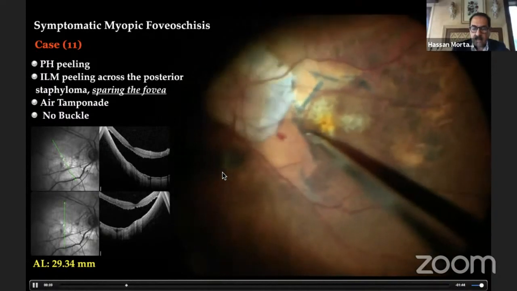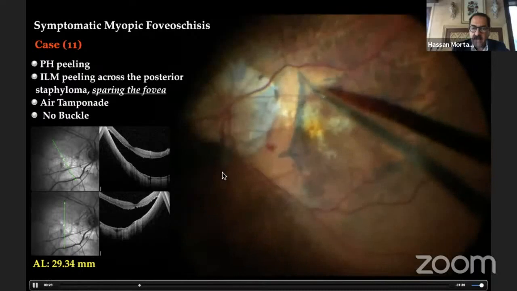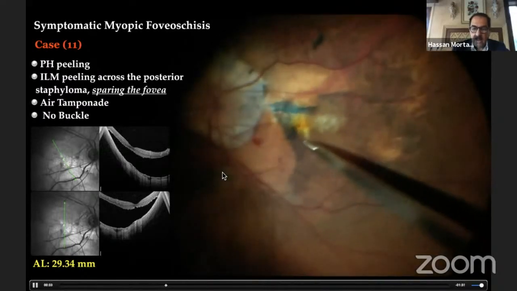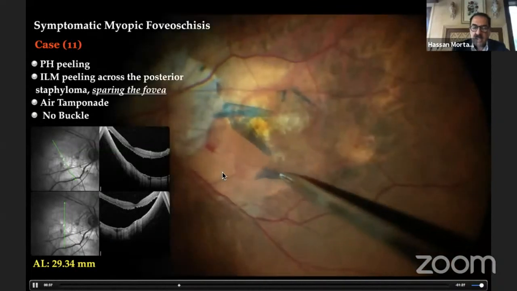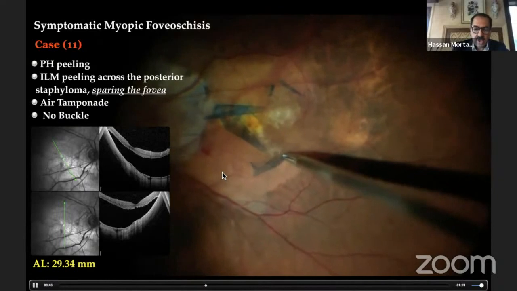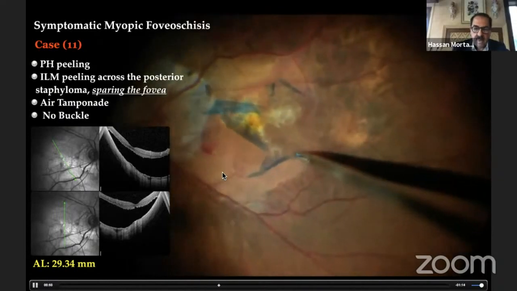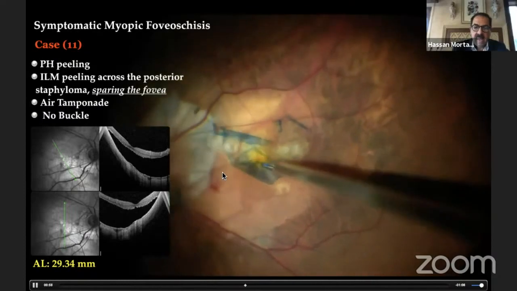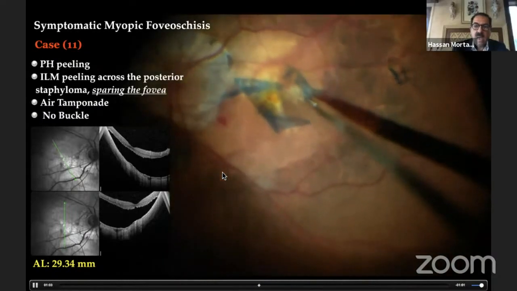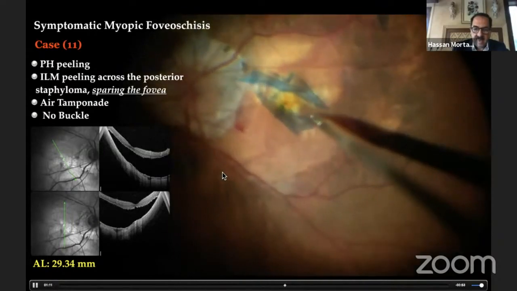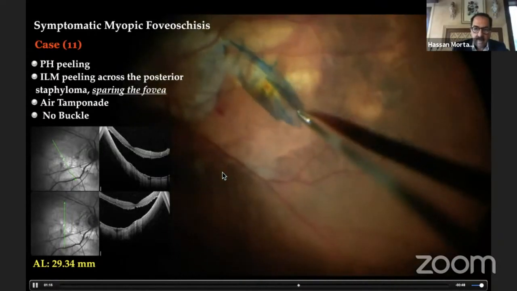starting from the temporal vascular arcades, moving toward the fovea, stopping at least 500 microns from the edge of the fovea, and bringing the ILM over the fovea and performing fovea-sparing ILM peeling.